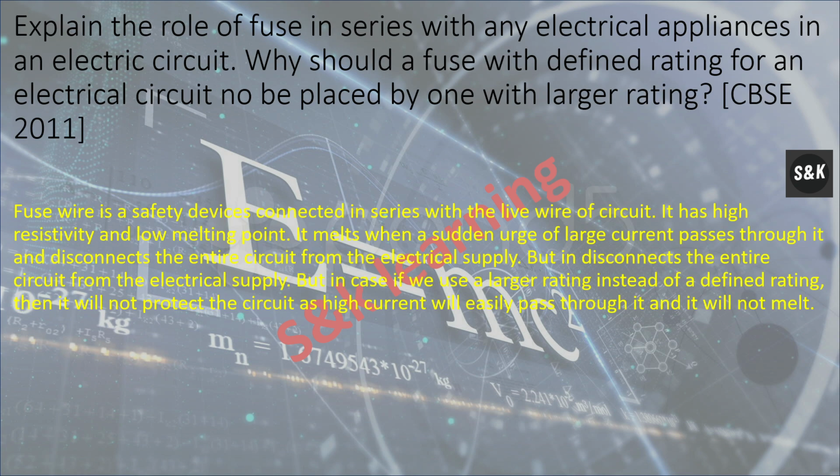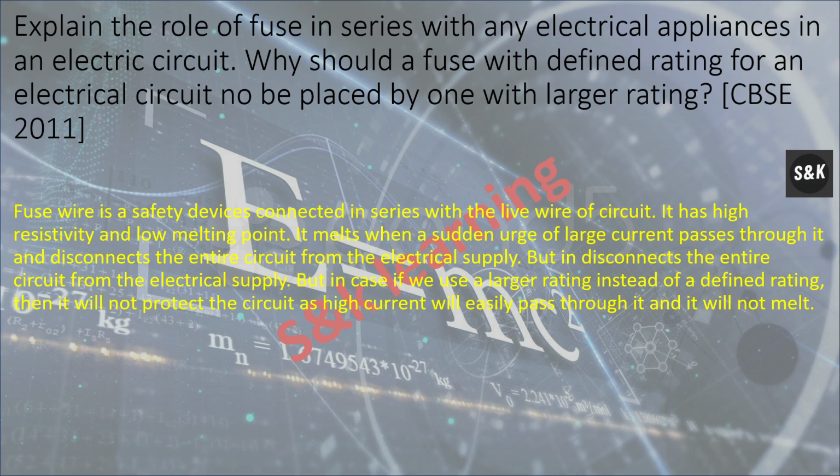Explain the role of a fuse in series with an electrical appliance in an electric circuit. So fuse wire is a safety device connected in series with the live wire of the circuit. It has high resistivity and low melting point.